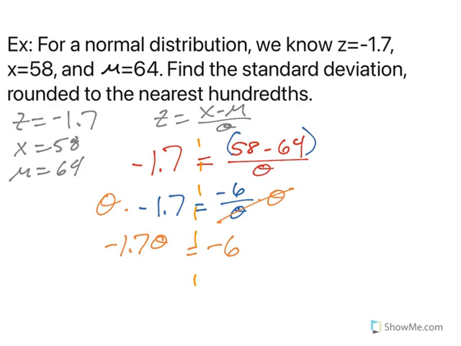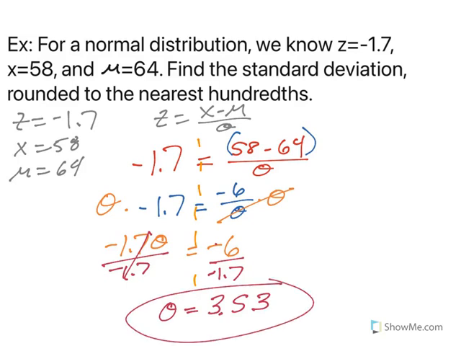So we want to isolate the variable by dividing, because if you're multiplying by sigma, the opposite of multiplication is division. So we're going to divide both sides by negative 1.7. So sigma equals negative, and a negative is positive, and it leads me to 3.53 rounded to the nearest hundredths.